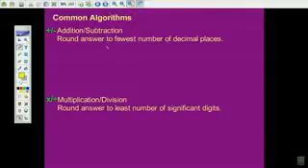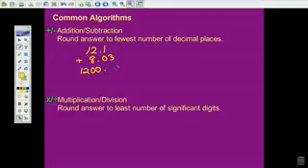Alright, some common algorithms. So when you start adding and subtracting numbers, you have to keep your significant figures. So let's say we've got 12.1 plus 8.03 plus, I don't know, 1200.267.